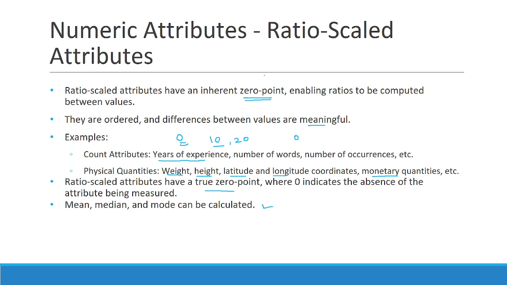Okay, fine. Now, can you give me some more examples of ratio scaled attributes? Many examples I have given here. Can you give some more? Like someone said age. Age can be a ratio scaled attribute. Then, ma'am, length, money.